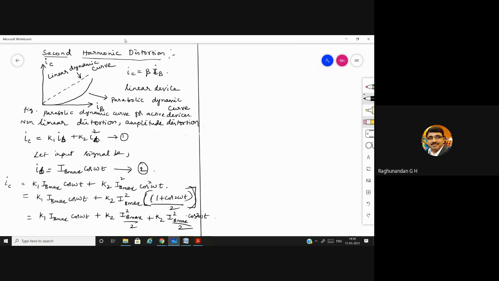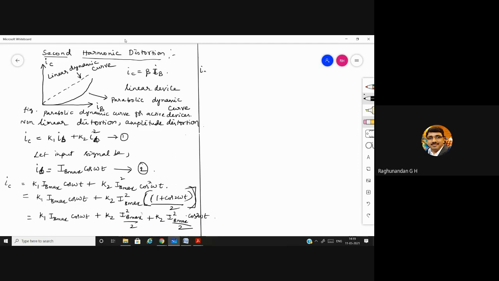Once you are multiplying this, now rearrange this in increasing order. We have to keep it, because we are having cos omega t here, we don't have cos omega t here, again we are having cos 2 omega t. So we have to arrange it in 0, 1, 2 in that format.